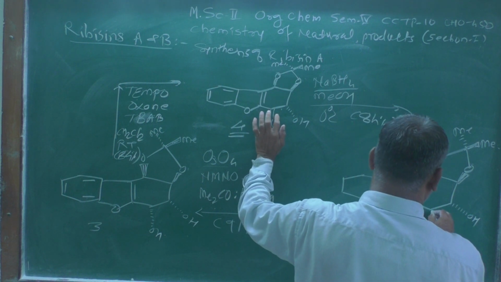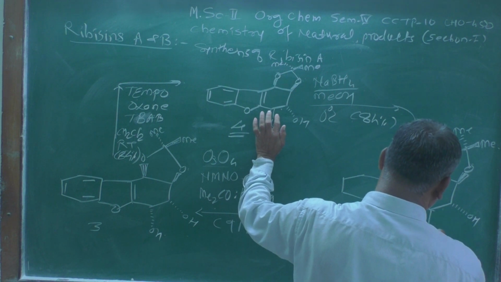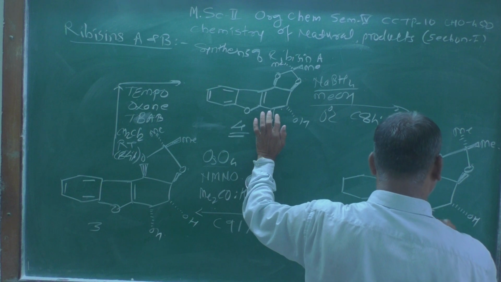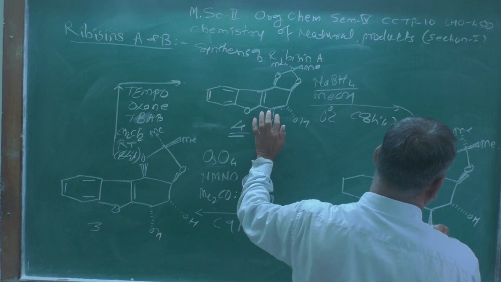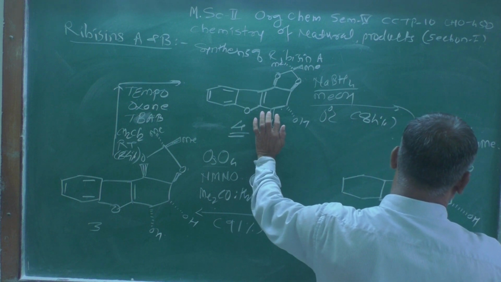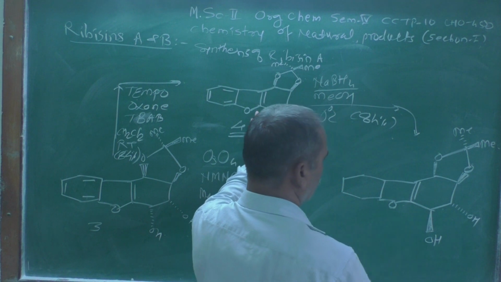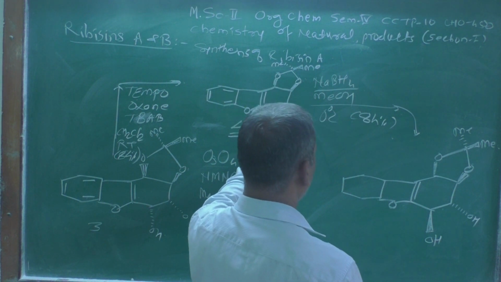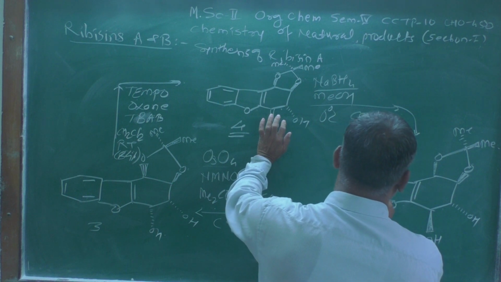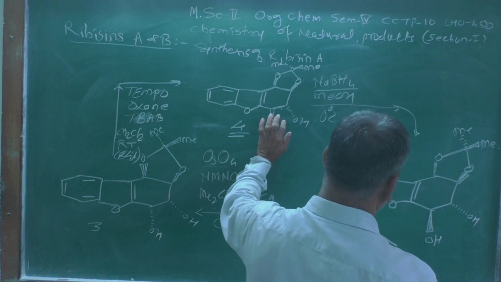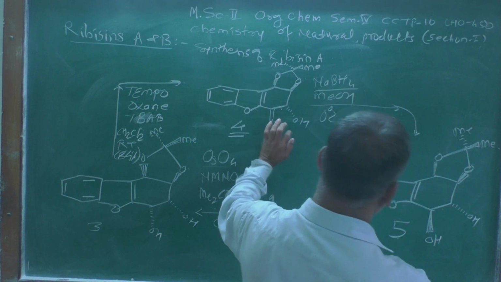So the hydroxyl group must come outside the plane, above the plane. This double bond remains as it is, and this is the change; this double bond and this double bond remain as it is, and this structure is nothing but structure number 5.